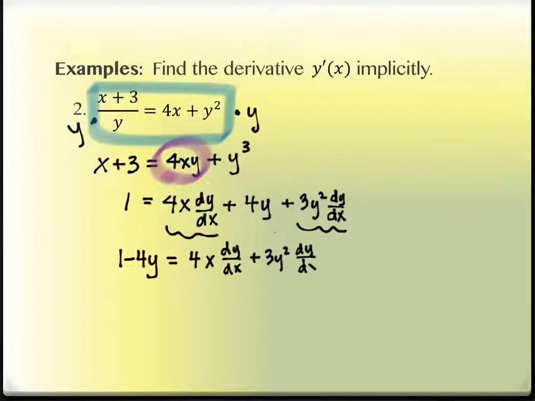Okay? So everything on the right-hand side has dy dx in it. Because of that, I can factor dy dx out of each term. So I can write this as dy dx times 4x plus 3y squared.